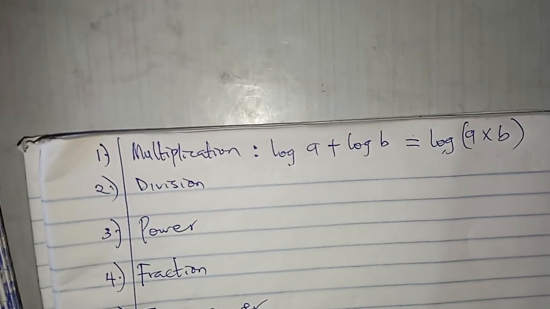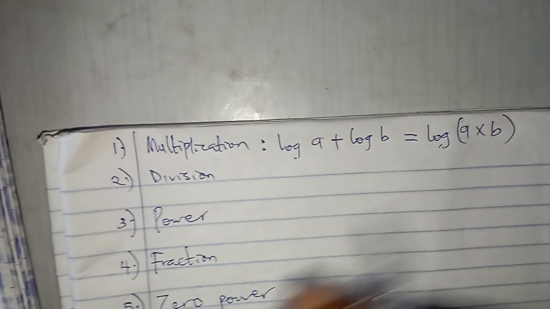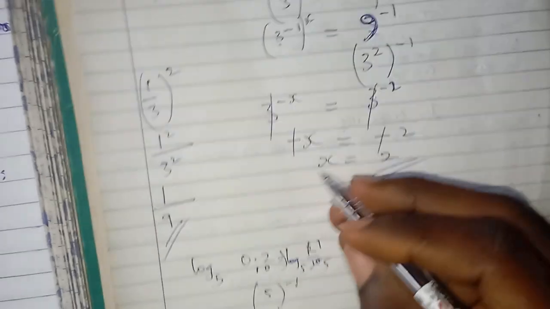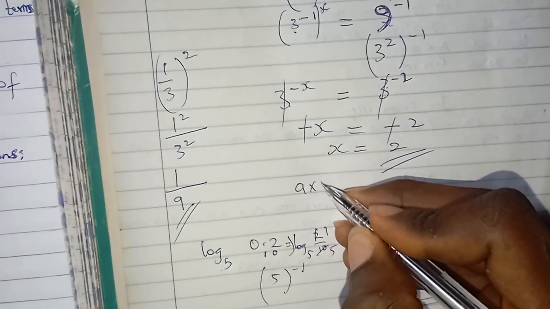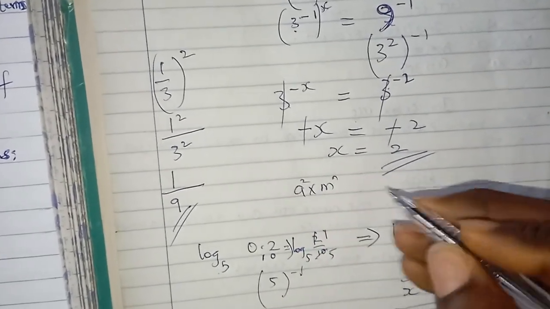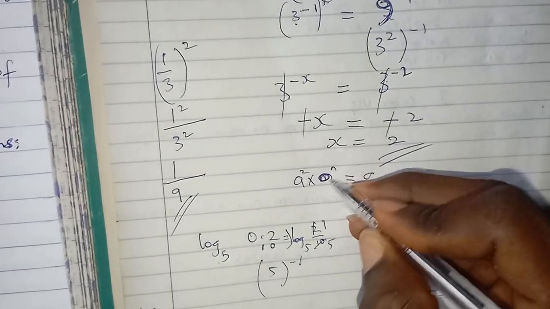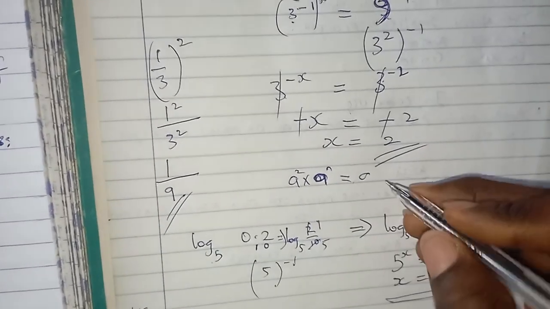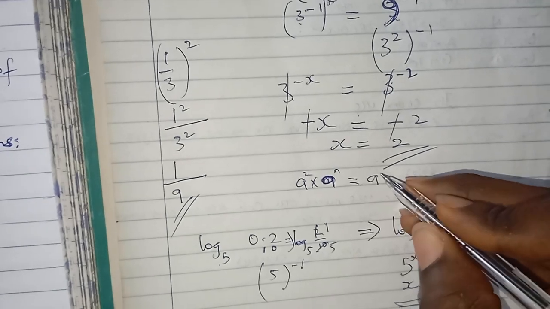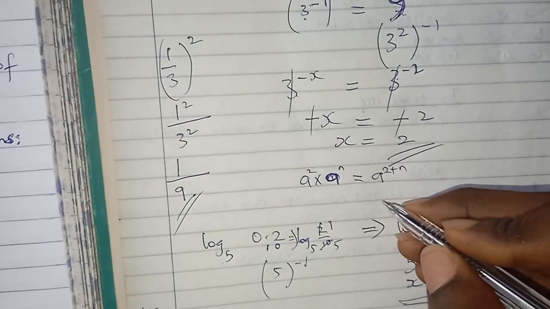If you remember, in indices, when we used to do a^m times a^n, if the bases are the same, we simply do a raised to power m plus n.